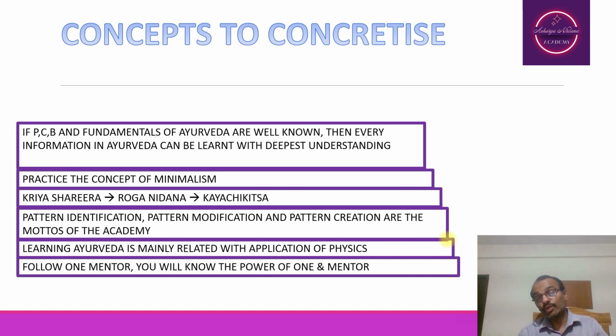When you look into the Ayurveda curriculum, in the first professional year, we learn the physiology in Ayurveda, which is termed as Kriya Sharira. When you know each and every term mentioned in Kriya Sharira, then in the second year we learn Roga Nidana, which is nothing but altered physiology.